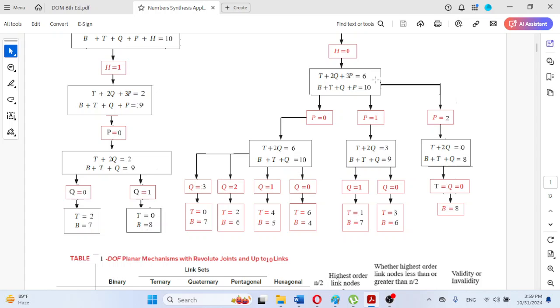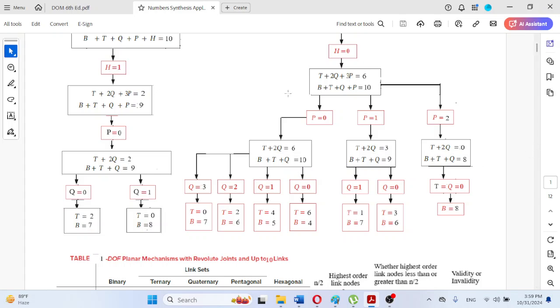That means t plus 2q plus 6 is equal to 6. That means 6 minus 6 is 0. So t plus 2q will be equal to 0, and the lower equation will be reducing to b plus t plus q is equal to 10 minus 2, 8, where pentagonal links are 2.